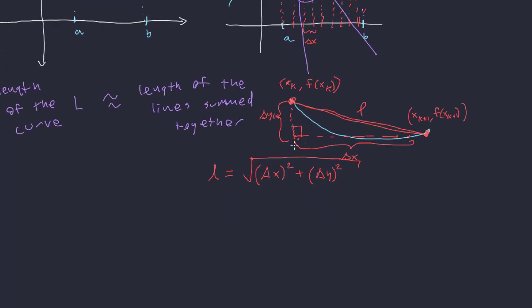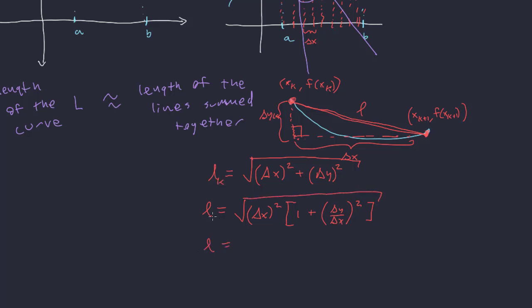And then what we're going to want to do is I'm actually going to factor a delta x squared out of this. So remember, we've done this a couple times before. When we do that, we just divide everything. So when we divide it out of this, it'll be 1 plus, and then here it'll be delta y over delta x all squared. Okay, so this will simplify.